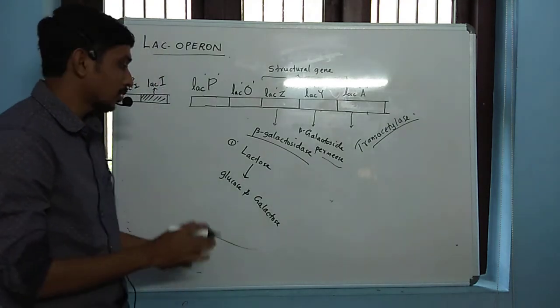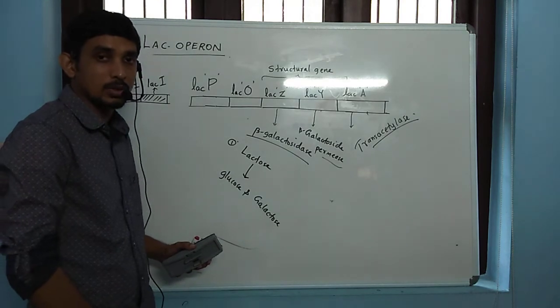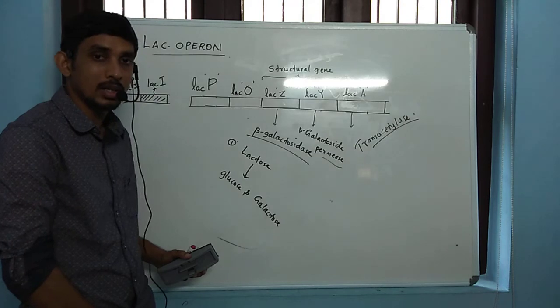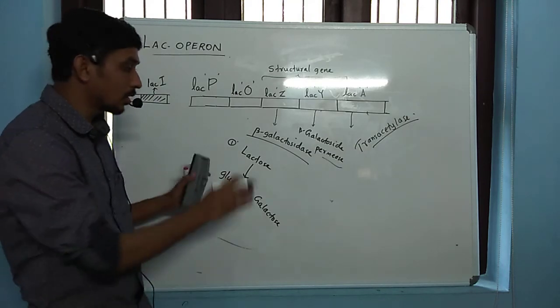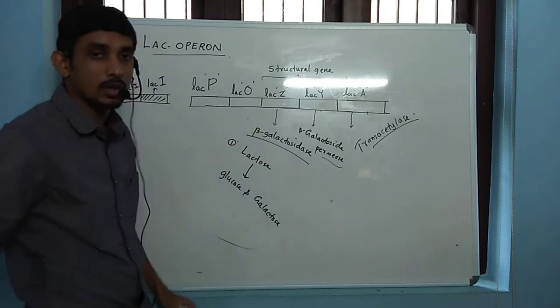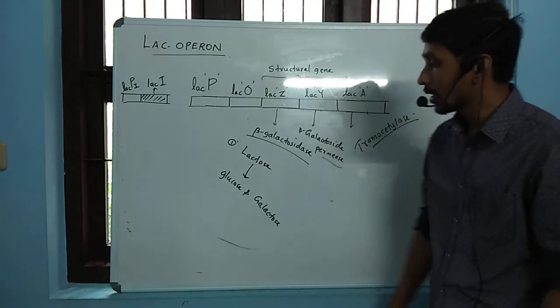It breaks lactose into glucose and galactose. That is the main function of the lac Z gene product, beta-galactosidase.